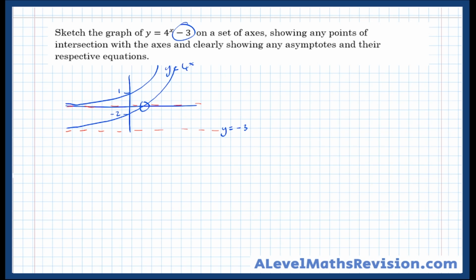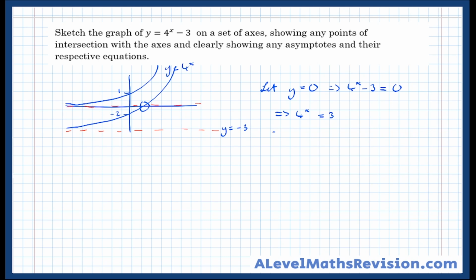But there's one more point of intersection we need to find, and that's when y equals 0. So I'm going to let y equal 0, which means that 4 to the x minus 3 equals 0, which means that 4 to the x equals 3.